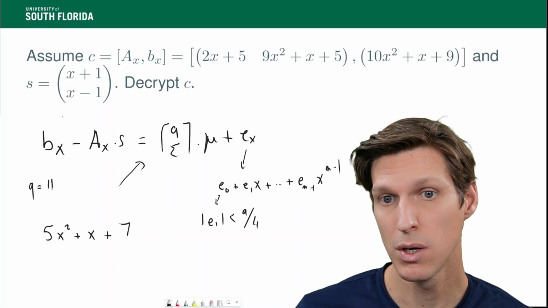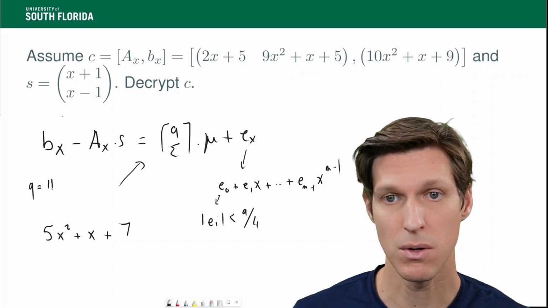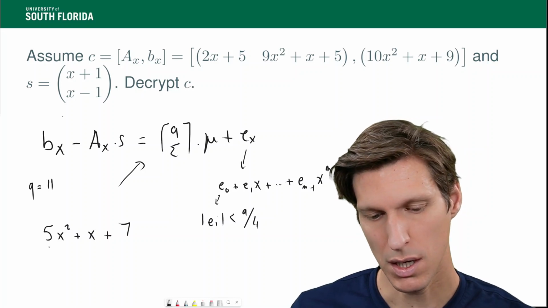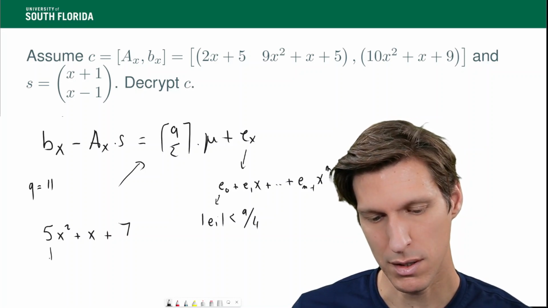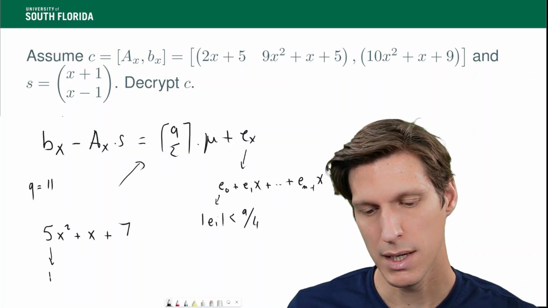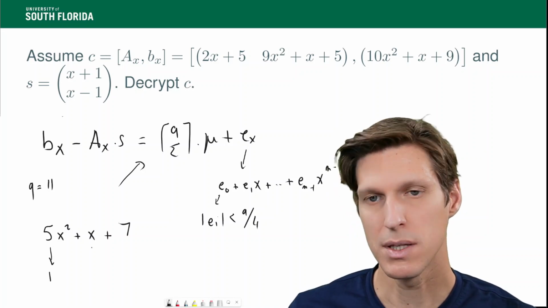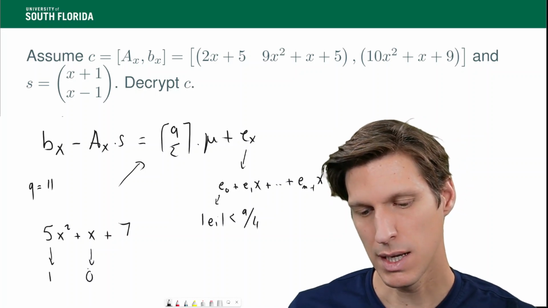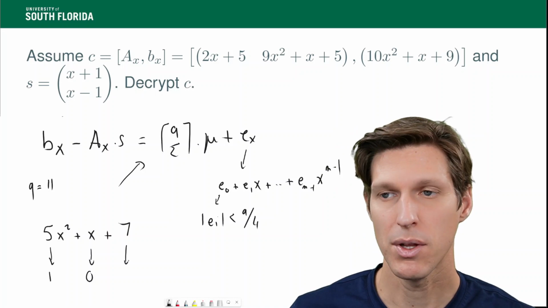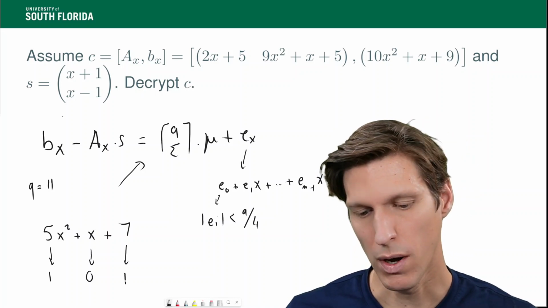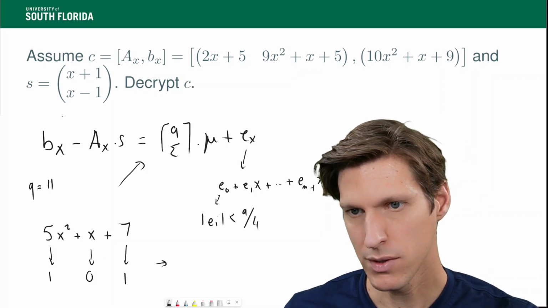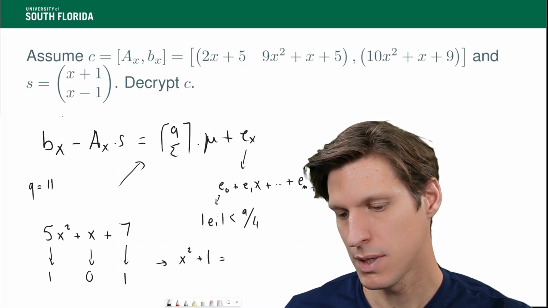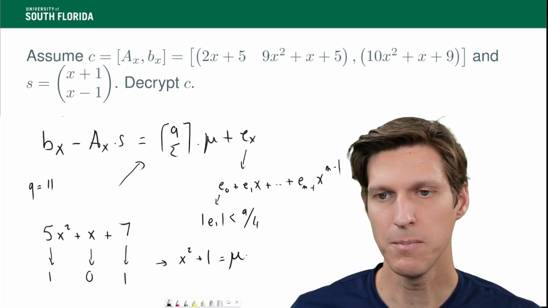So 0 plus or minus 2 is going to be considered a 0, and 5 plus or minus 2 is going to be considered a 1. So the 5 here goes to a 1, then 1x is 0 plus or minus 2, so that goes to 0. And then 7 is 5 plus or minus 2, so it goes to a 1. So really, after the rounding, what I get is x squared plus 1 is my message.